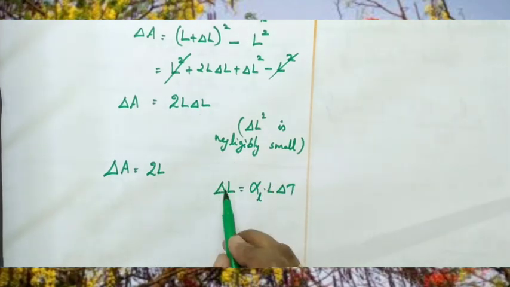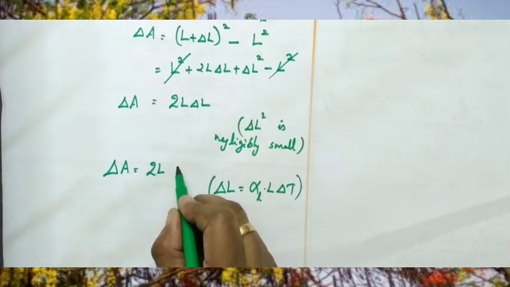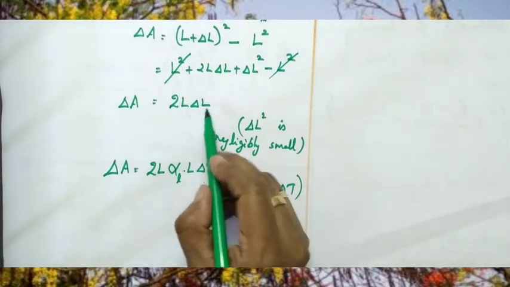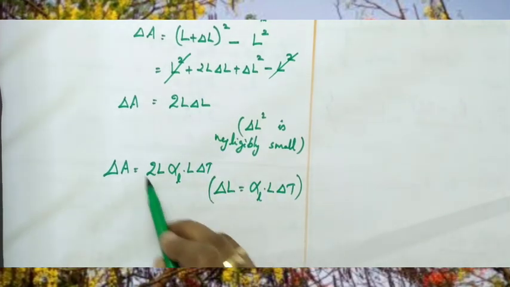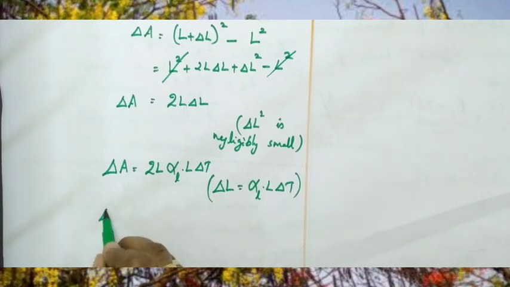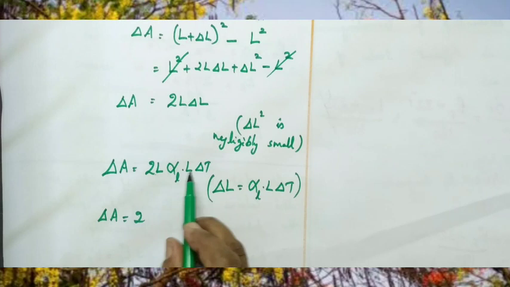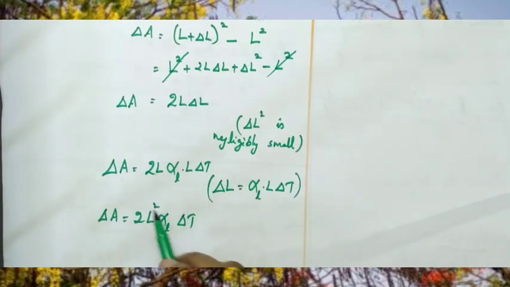Substituting the value of delta L as alpha L into L delta T, how will you write the increase in area? Delta A equals 2L square alpha L into delta T.